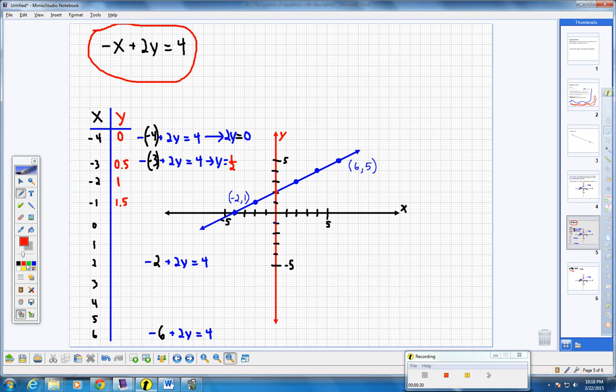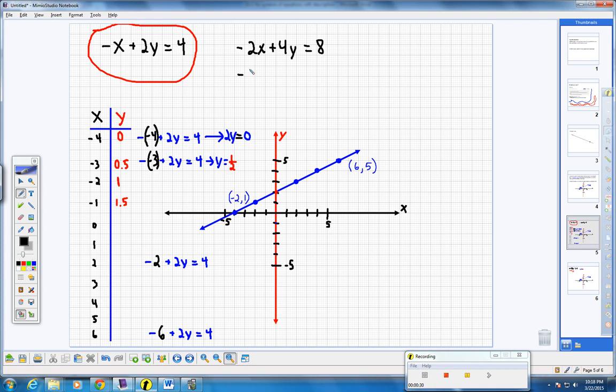I could also rewrite this, and it's going to be the same line, mind you, as negative 2x plus 4y equals 8. And you probably noticed that I just multiplied every value by 2. You could even multiply every value by 1.5 if you wanted to.